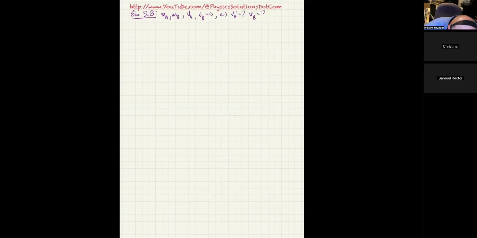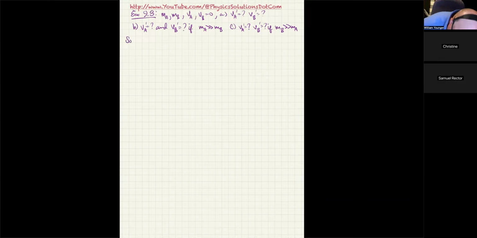And then in part B, they want VA prime and VB prime if specifically MA is much greater than MB. And then C, they want the same thing, VA prime equals question mark, VB prime equals question mark, if MB is much greater than MA. So that's what we're shooting for here. Solution.